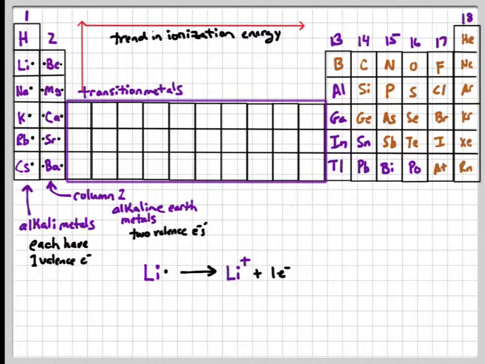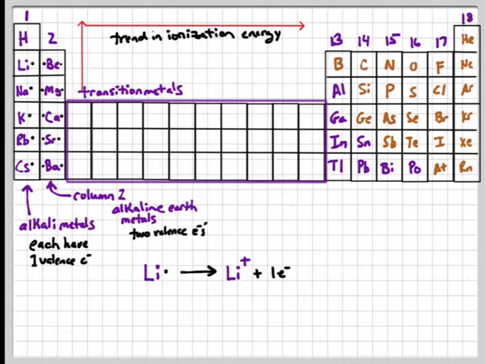So, lithium, because it is on the left-hand side of the periodic table and a metal, can easily give up a single electron, the valence electron, to form the lithium plus ion, a cation. Now, it doesn't give up more electrons than that, because in order to do so, we would have to dip into the core electrons, and the ionization energy, as we saw in previous lectures, increases drastically as we try to remove core electrons.